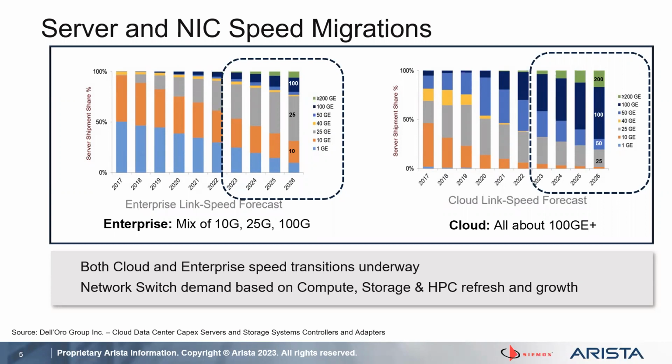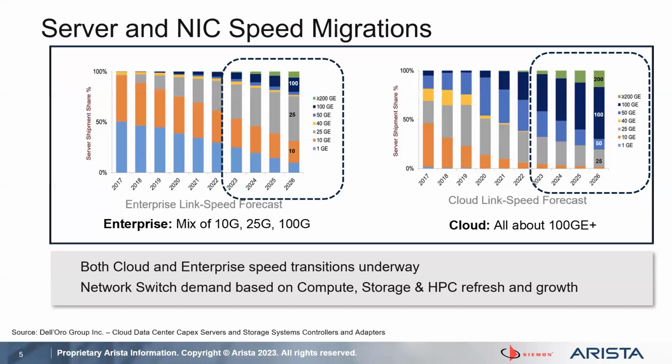So if you look a little bit into the future, particularly in the enterprise data centers, on the left side of my slide, what I'm showing is the trends within the enterprise. On the right side, what I'm showing is the trends on the cloud data center side. If you can focus our attention on the enterprise for a moment, what you will see is that 10 gig and 25 gig certainly remain the predominant connectivity model for years to come. 100 gig server connectivity will become more common in the coming years.